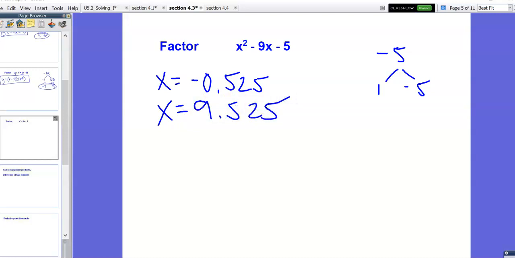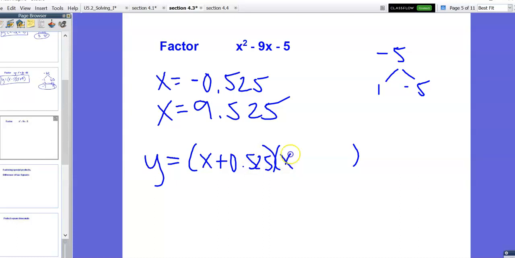So we've solved for the zeros, but we still need to factor it. So we're going to write y equals, for the first x value, x plus 0.525, and then for the second, x minus 9.525.